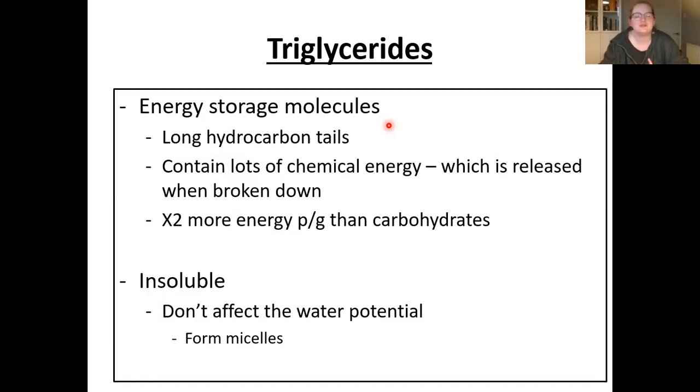They have 2 times more energy per gram than carbohydrates. It's why we store a lot of our energy as fat. It's a lot better than carbohydrates because energy per gram is double.